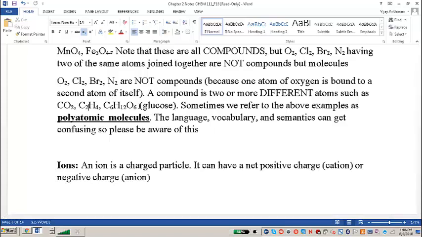By sharing electrons. Okay, very important point, sharing electrons. Now, can a metal bind to another metal? Probably not. Those are called alloys, but that's a different configuration, and we won't be talking about that as much. But we're going to be talking a lot about covalent compounds such as these.